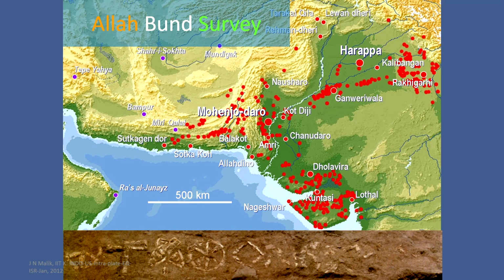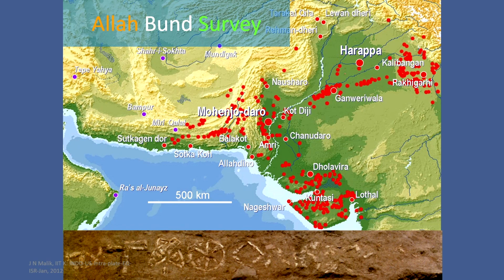And as I told, this area was very much flourishing, and one of the testimonies to that was Dholavira, a well-planned city in terms of the architecture and structures which they built.